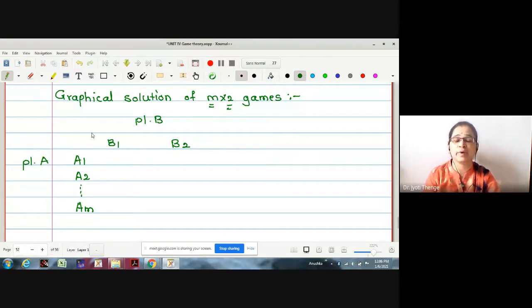Now we will write the probabilities of playing all the activities by both the players. Here let me write the probability for B1 as, say, Y1. Then can I write the probability for playing B2 to be 1 minus Y1? Actually it is Y2, but Y1 plus Y2 is 1. Therefore I can write this to be 1 minus Y1. And the probabilities of playing the activities by the player A, I will write as X1, X2, up to Xm.